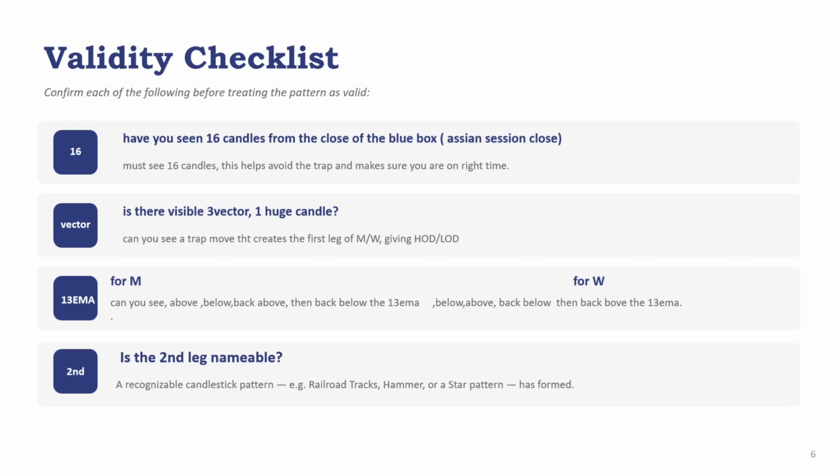Okay, the very first step is you have to see 16 candles from the moment the blue box closes, and this is based on the exact times I gave on my previous video. The 16 candles will mostly appear at the candle that prints around 3:30 a.m. New York time.